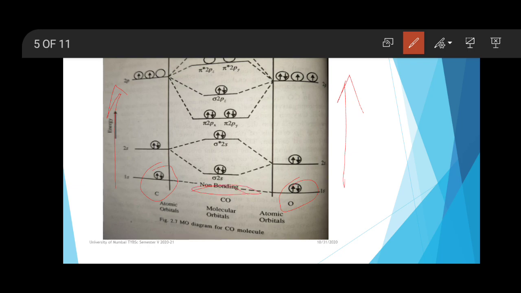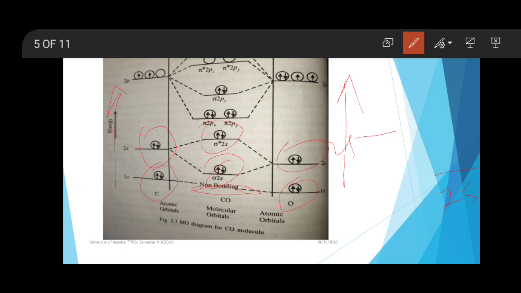But for the 2s orbitals, you can see in the diagram that the atomic orbital of oxygen has lower energy as compared to carbon. Carbon has higher energy, so this is 2s of carbon and this is 2s of oxygen, both having different energy. When these two atomic orbitals combine, there is formation of two molecular orbitals, one is sigma 2s and the other is sigma star 2s. So 4 electrons can be accommodated in sigma 2s and sigma star 2s.